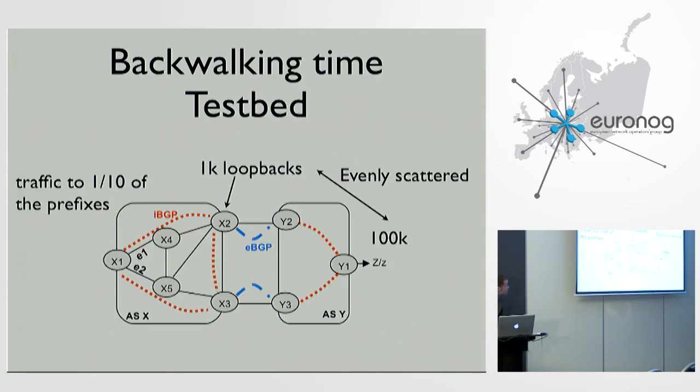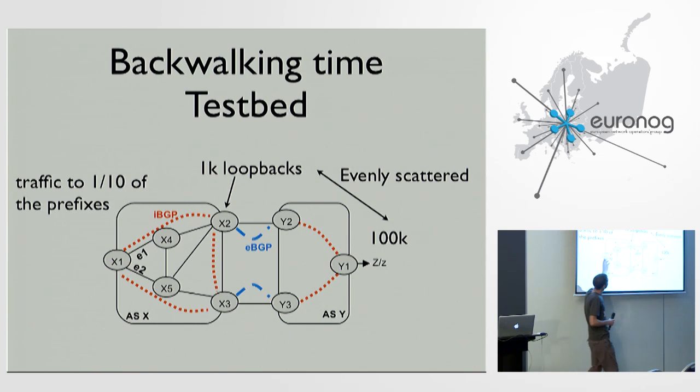So we instrumented a testbed. It was based on the CRS1, where we were basically originating 100K prefixes on ASY, and we were generating traffic towards a tenth of these, right? 1,000 loopbacks were configured on the ASBRs in order to create artificially a huge number of path lists.